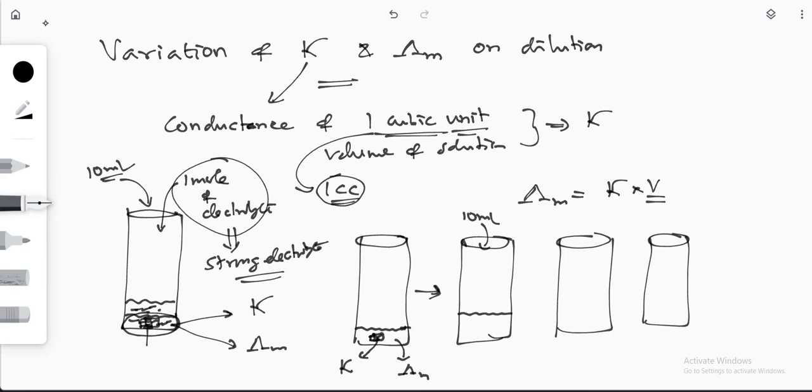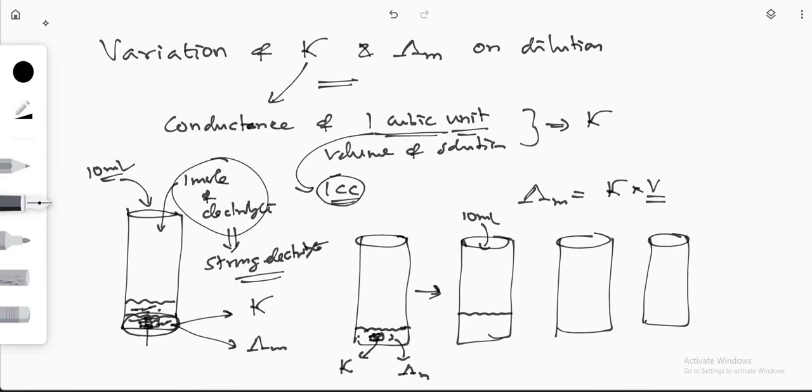What will happen if volume increases? Listen, student, in the concentrated solution, the ions are very close. But when you add water, now you have large space. So the ions start to spread out. Therefore, the number of ions per unit volume, per cc volume, decreases.